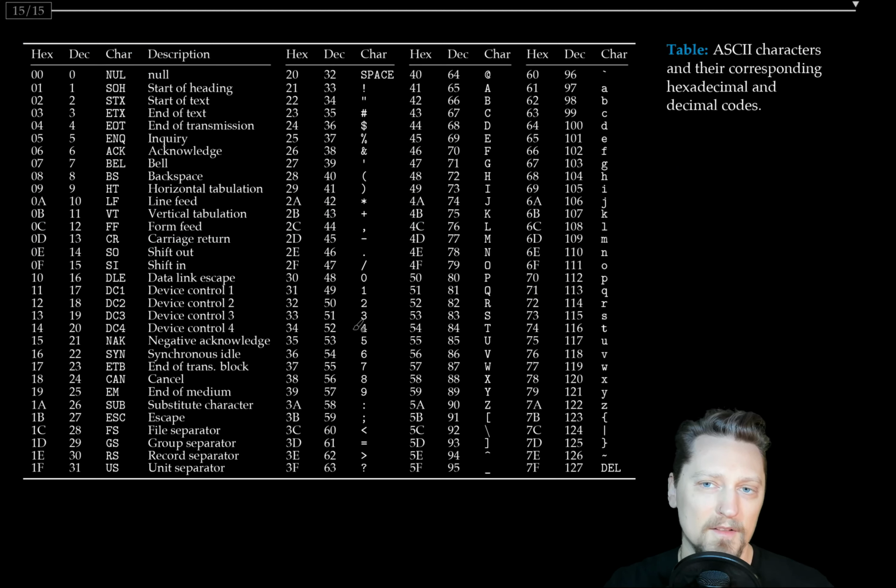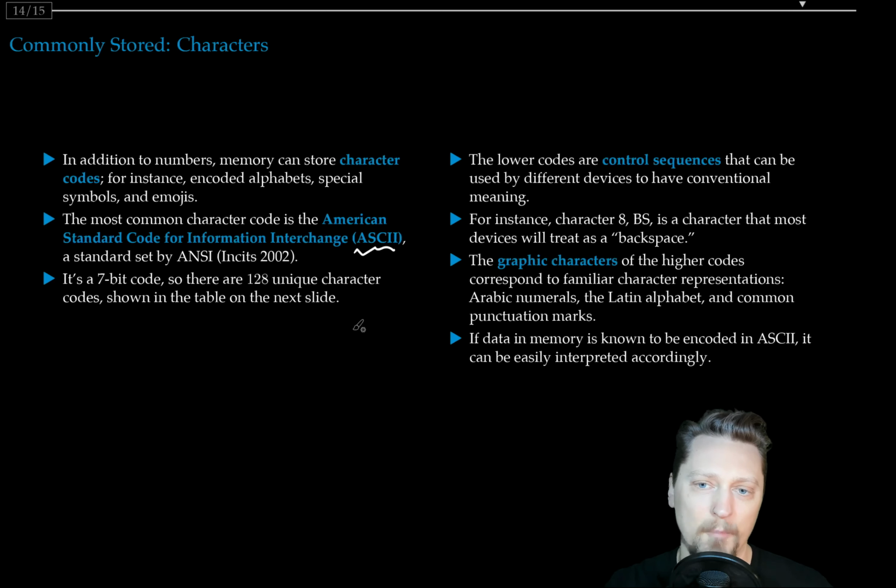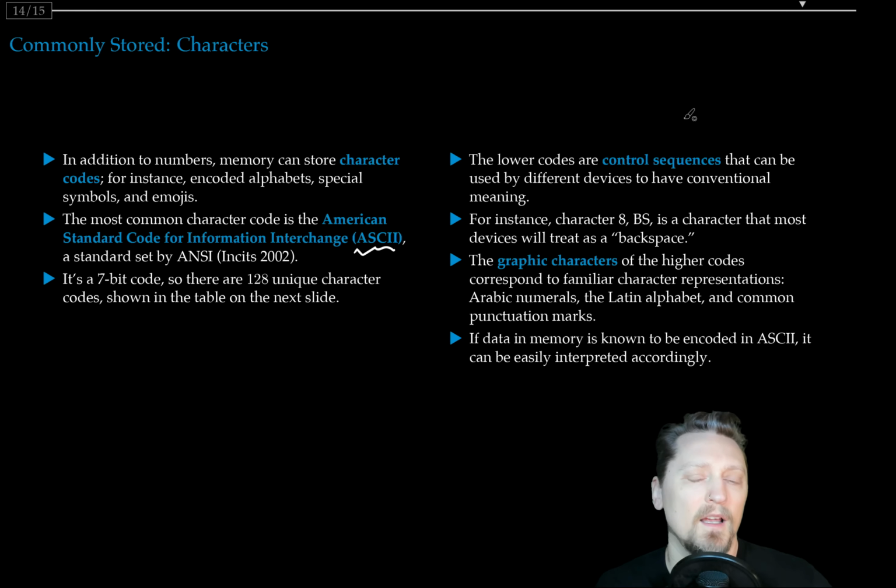Okay, so it's a pretty comprehensive table. The lower numbered codes are control sequences that can be used by different devices to have conventional meaning. So if you send a certain character code to a device, usually that character code is interpreted the same from one device to another.